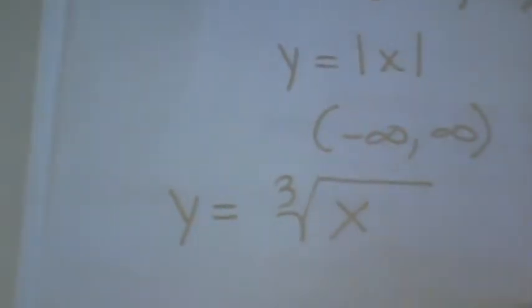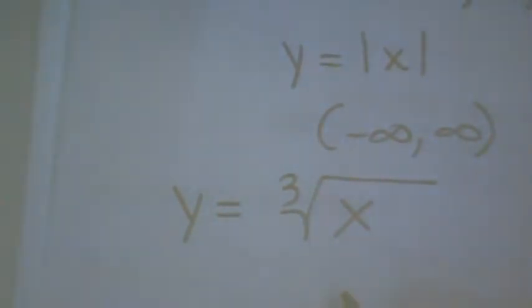What if you have quadratics, like this? Can you square any number, positive, negative? This is all real numbers. What about absolute value? Can you take the absolute value of any number? Yeah, all real numbers. What about x cubed?